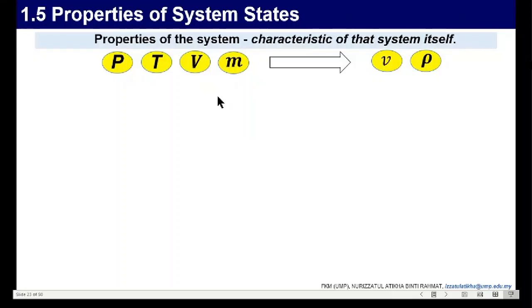Now, subtopic 1.5, properties of system states. Previously we have learned the properties of a system, which explain the characteristics of the system itself. We know some of the properties available, for example pressure, temperature, volume, or mass.